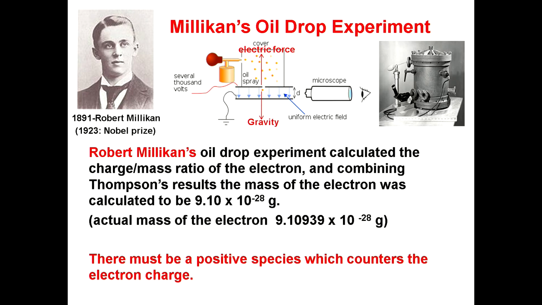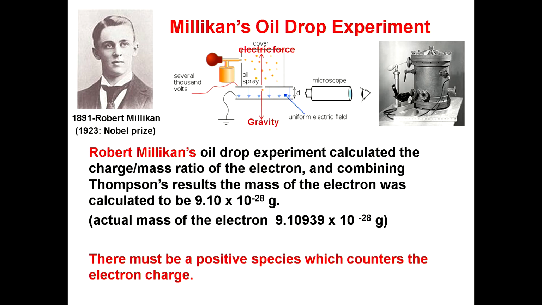Okay. So we know this force is related to its mass, right? And this force is related to the electrons, to the electric charge. So when these two forces are equal, we can calculate the mass of the electron.